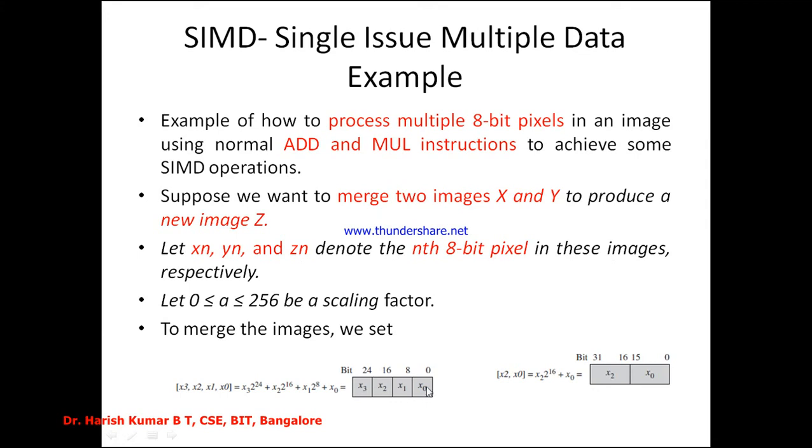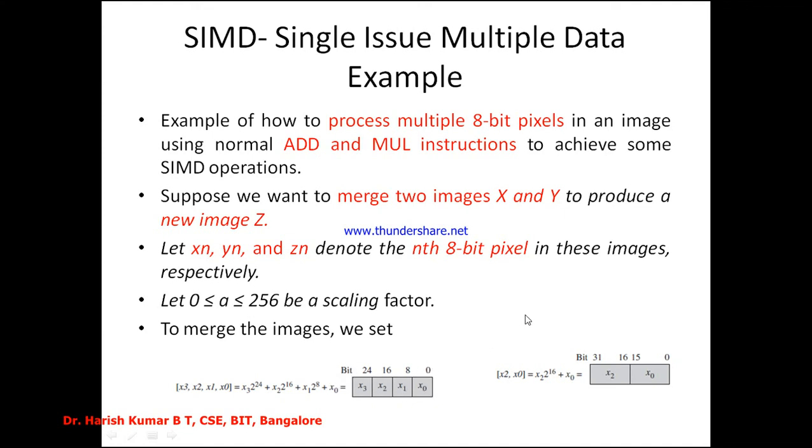Now I have 4 pixels. This is 1 byte, this is another byte, this is one more, and this is the last. So these 4 bytes are representing 4 pixels. Now I have 4 pixels stored in one register, in one word, totally 32 bits.